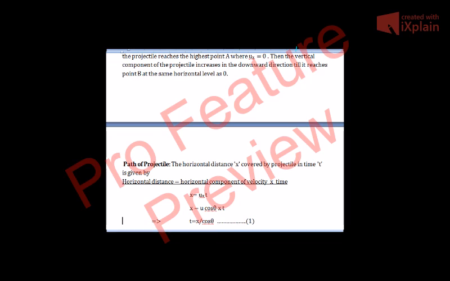Why does the vertical component of the projectile change? Because acceleration due to gravity is acting on it. So what happens to it when it is thrown upwards? The vertical component first decreases till it reaches the highest point A, where uy is equal to 0.